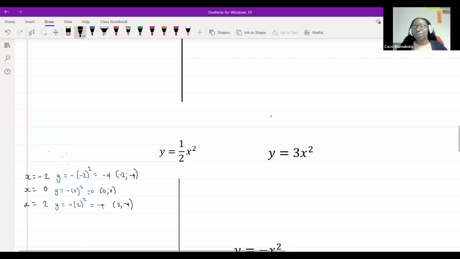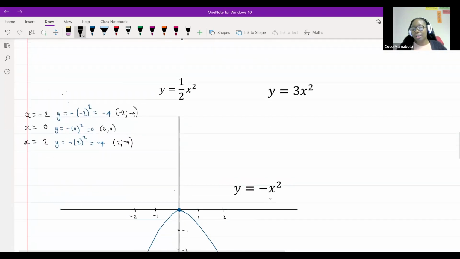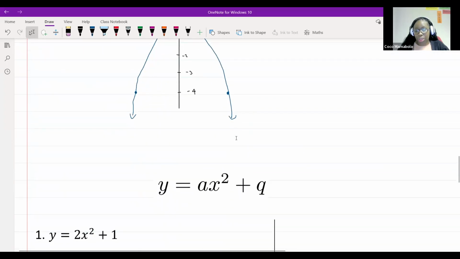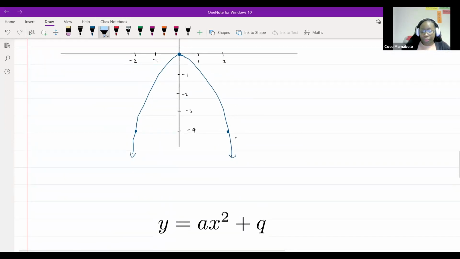Now, this value that sits in front of x squared, we will denote it for every single graph that we do as a. So it's going to be this value. If you ever see your teacher use the value a, this a, we know that if a is less than 0, what kind of values are less than 0, guys?